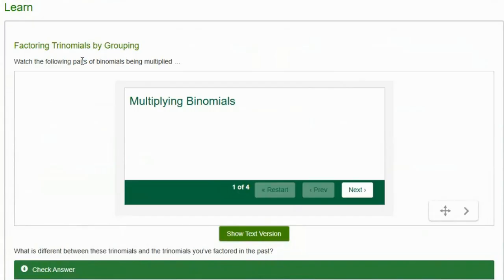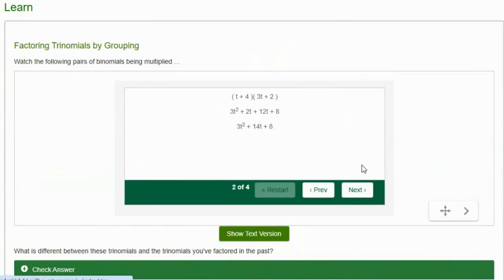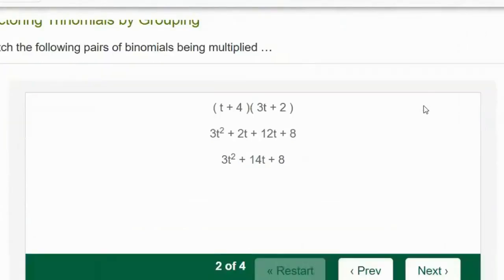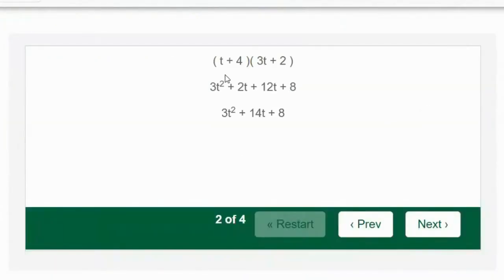Factoring trinomials by grouping. All right, let's watch the following pair of binomials be multiplied. So again, we're going to multiply this time t plus 4 times 3t plus 2. Let's make this a little bigger so we can see this better on the screen. T plus 4 times 3t plus 2.